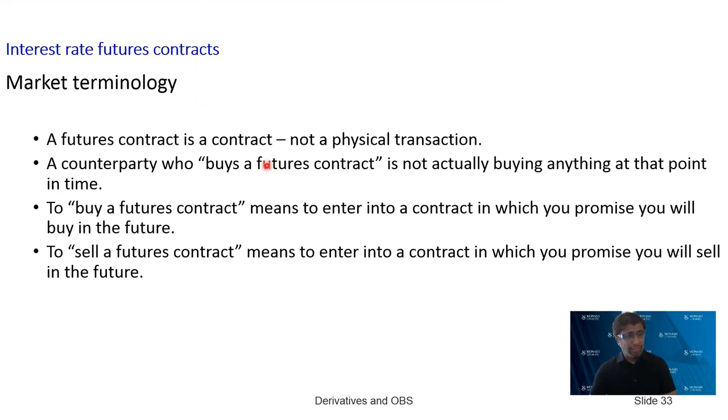So a counterparty who buys a futures contract is not actually buying anything at that point in time. It's just a promise to buy in the future. To buy a futures contract means to enter into a contract in which you promise to buy in the future. To sell a futures contract means to enter into a contract in which you promise to sell in the future.